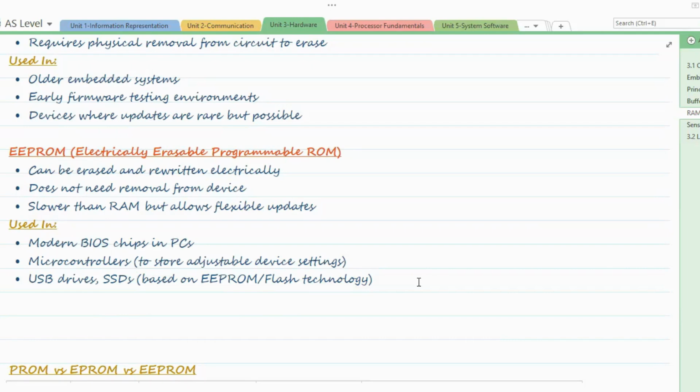And you need not remove it from the device physically in order to rewrite or erase or program it. It is slower than RAM, but it allows flexible updates and it is used in modern BIOS chips, in personal computers, microcontrollers, USB drives, SSDs.